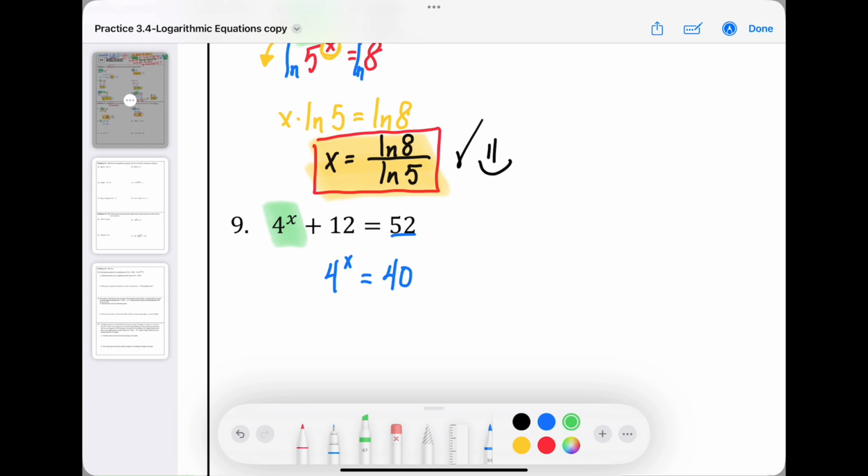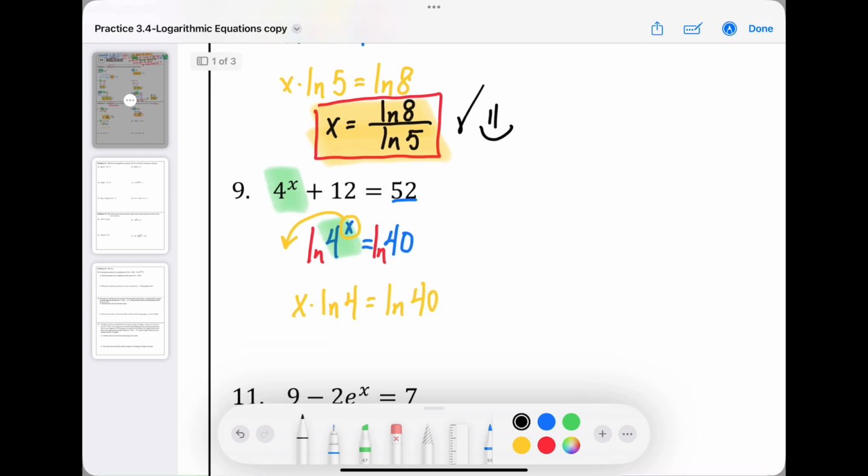So all about the base. The base is 4. I know that my trouble is an exponential function. So therefore, I'm going to take the natural log on both sides to bring down the power. So the power can come down up front. So that becomes x times natural log of 4, equal to natural log of 40.